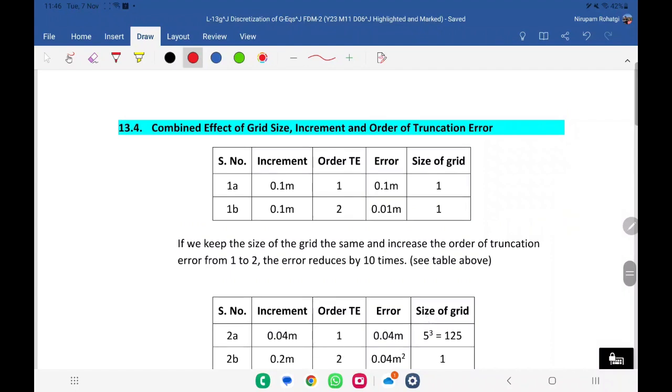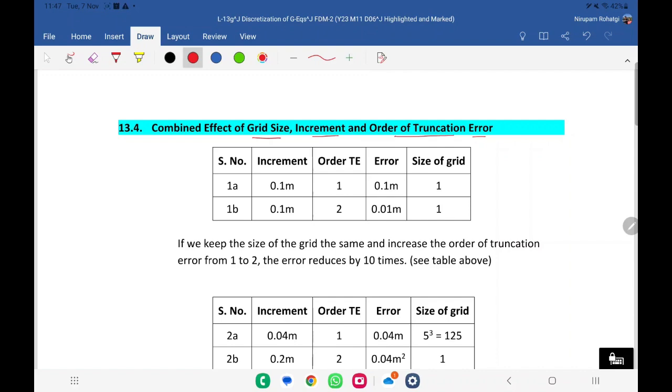Now, the effect of grid size, increment and order of truncation error. I am just giving you an example; they are not accurate ones. Because you notice that truncation error does not depend only on delta x square, delta y square and delta x cube, etc. There are coefficients also with them.